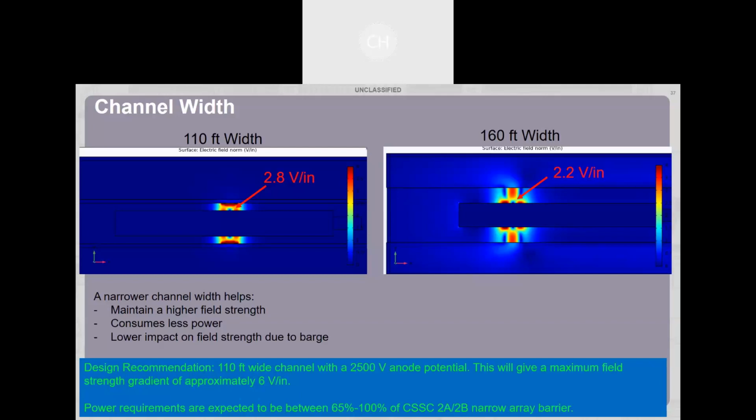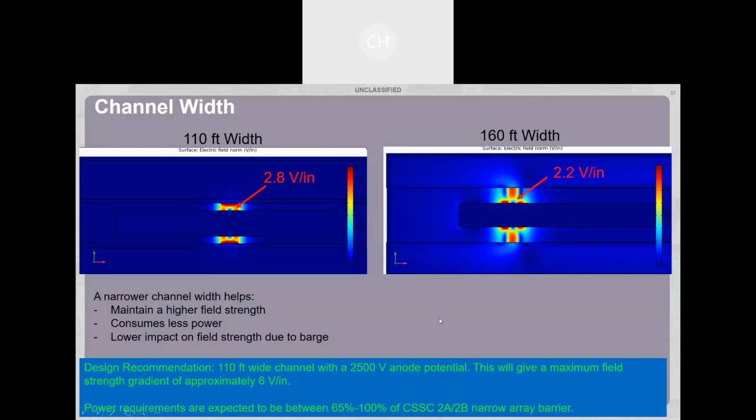But they are getting around anywhere from 2.3 to 2.6 volts per inch. Now, anybody that's super familiar with Romeoville will know that they're starting to build many other barriers, and I'm only talking about barrier 2A and 2B.